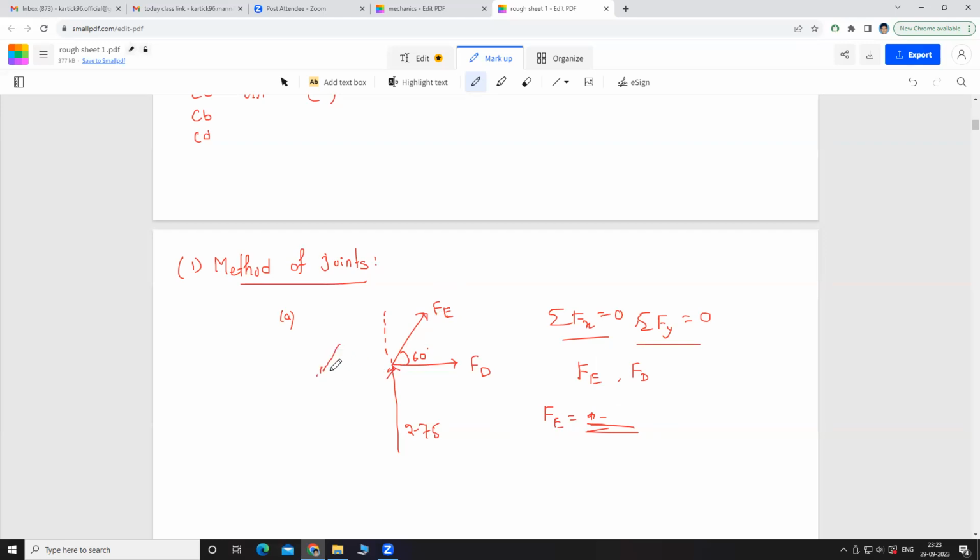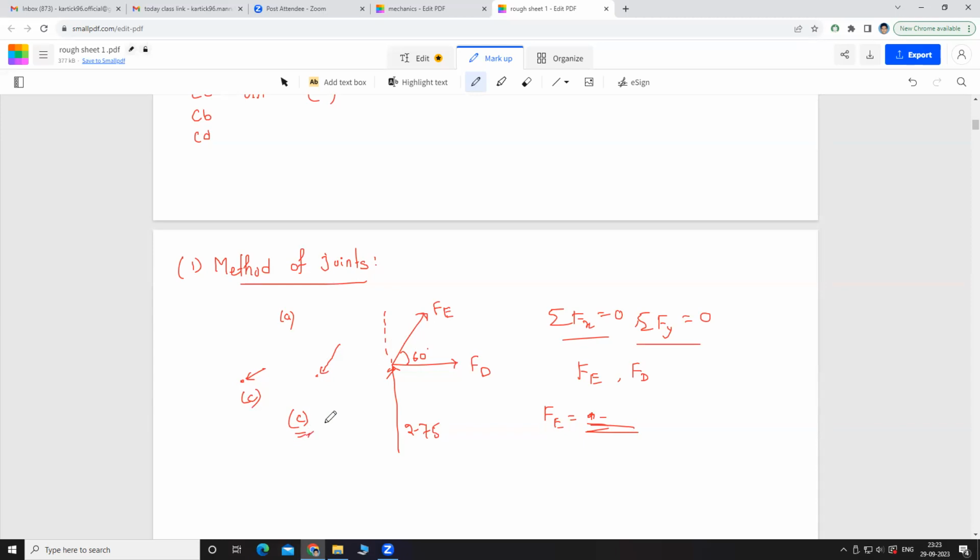That is towards this node. So this member is in compression. Towards the node means compression. So this member is in compression.